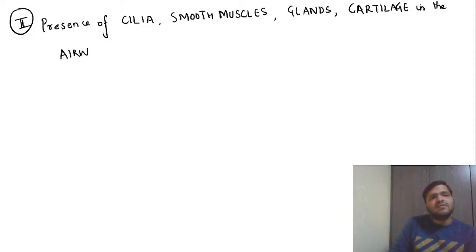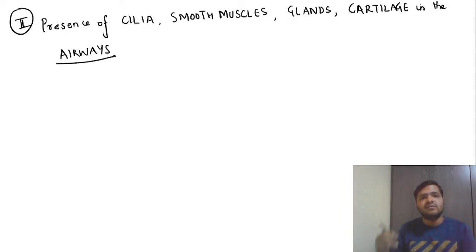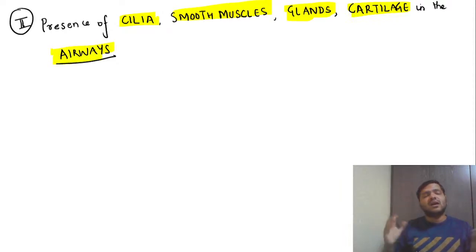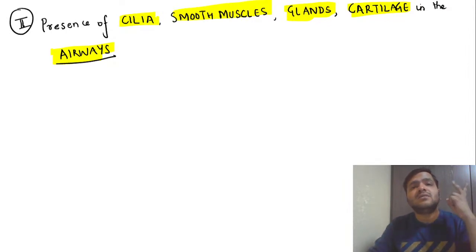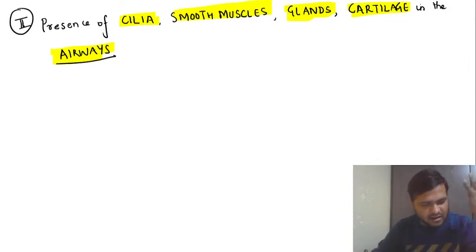Whatever airways we have discussed, the conducting airways and the respiratory airways, consist of these four important components: cilia, smooth muscles, glands, and cartilage.